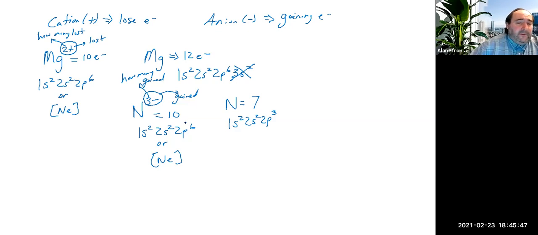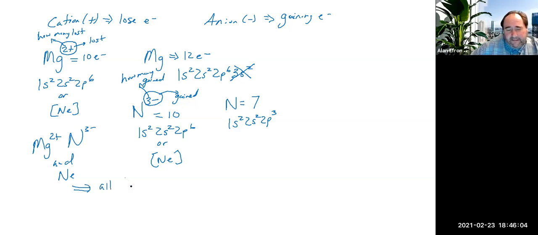And you might notice a couple of things. First off, magnesium with a +2 charge, nitrogen with a -3 charge, and neon all have the same electron configuration.